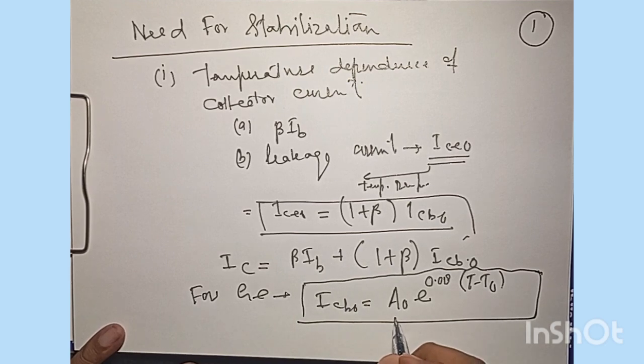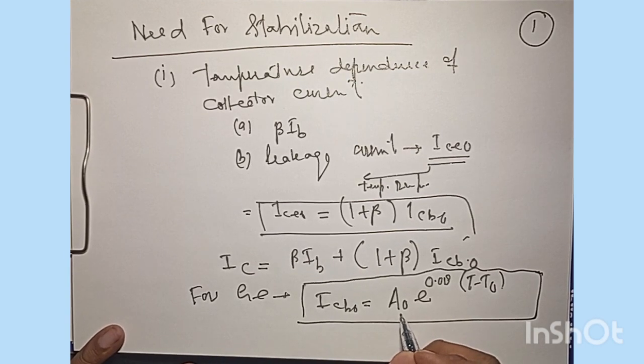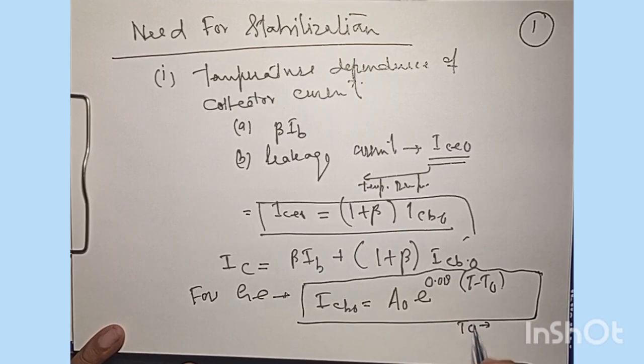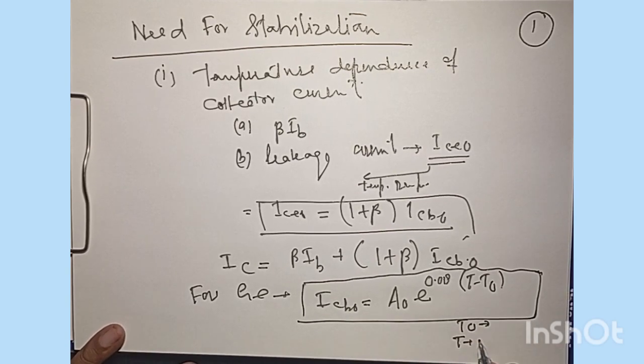Here we have a constant A naught, the measured value of ICBO at some reference temperature T naught.